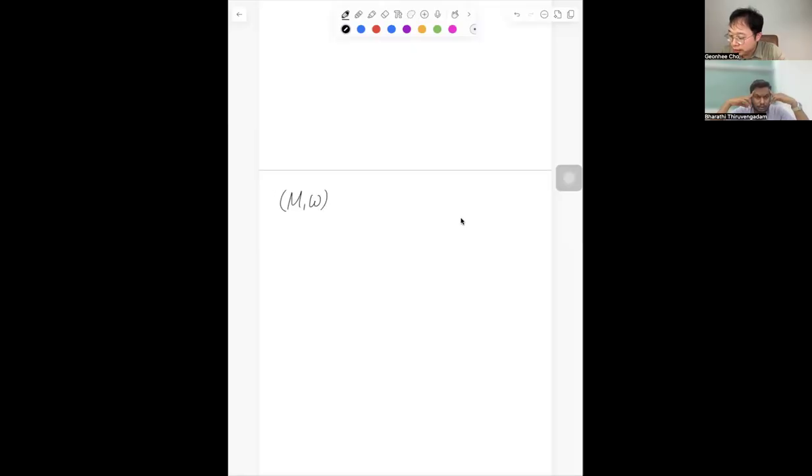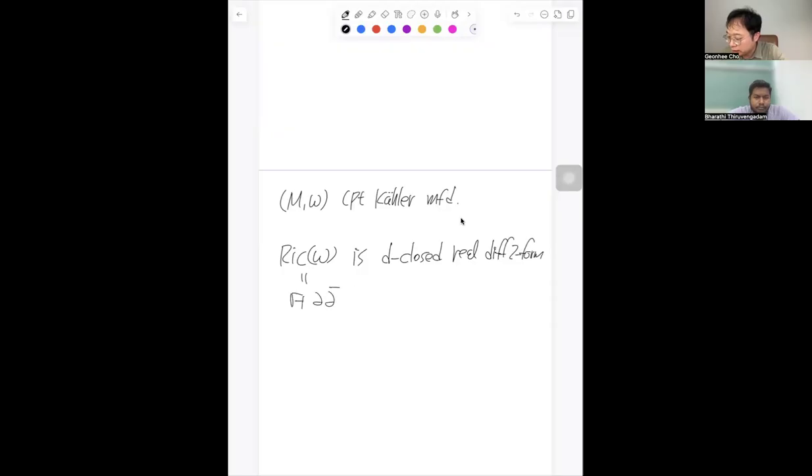So if we have a compact Kähler manifold, then we know this Ricci form of omega is a closed real differential two-form. This is guaranteed, and it's written as i partial bar-partial log of the determinant of g. This is the description. So we can take the representative in the second de Rham cohomology class.